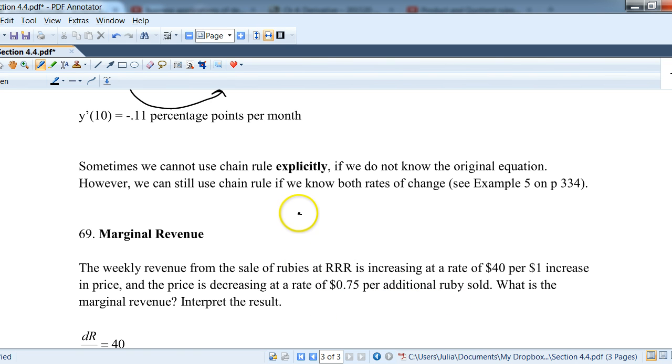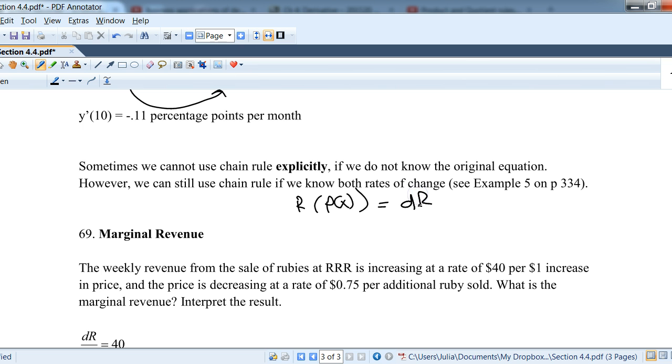Interpret the result. Basically what we're doing here is, your revenue depends on price, which depends on the number of items. So here we have a composite function. Revenue is composed of another function, which is price, which is composed of x. How do we take the derivative of it? Well, if we use the implicit way without the equations, here's how we can do it.